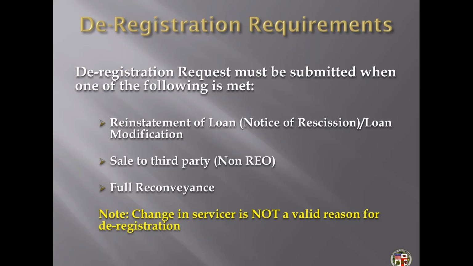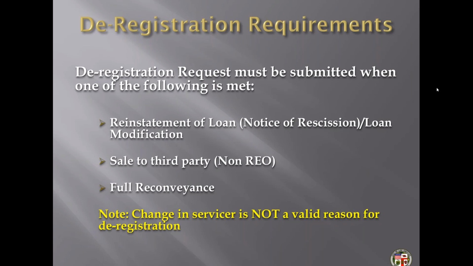Now, as I mentioned, the ordinance requires that if there's been any change to the status of the foreclosure, such as the property is no longer in foreclosure, you must come onto our online system and request a deregistration.